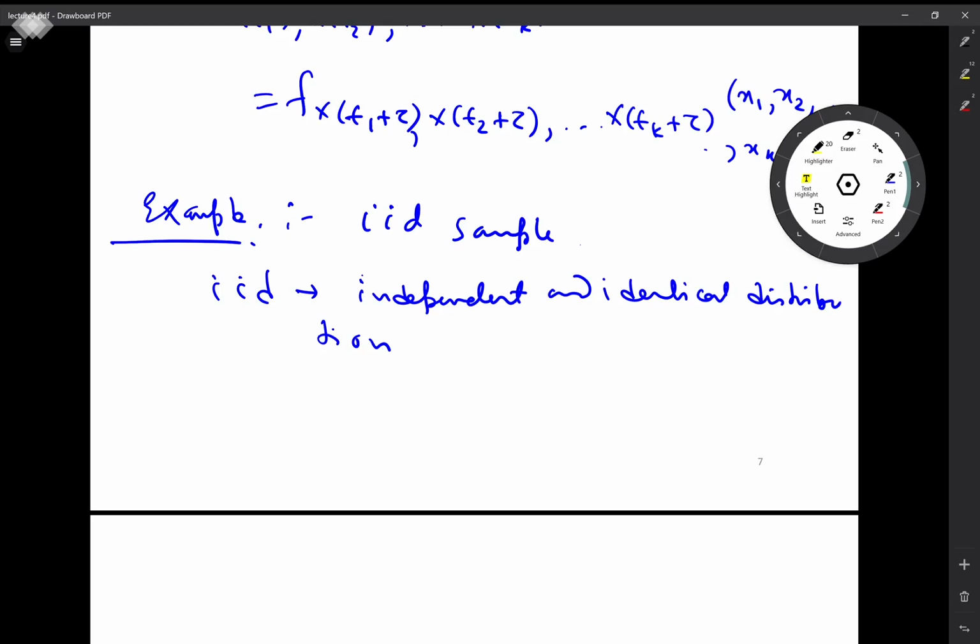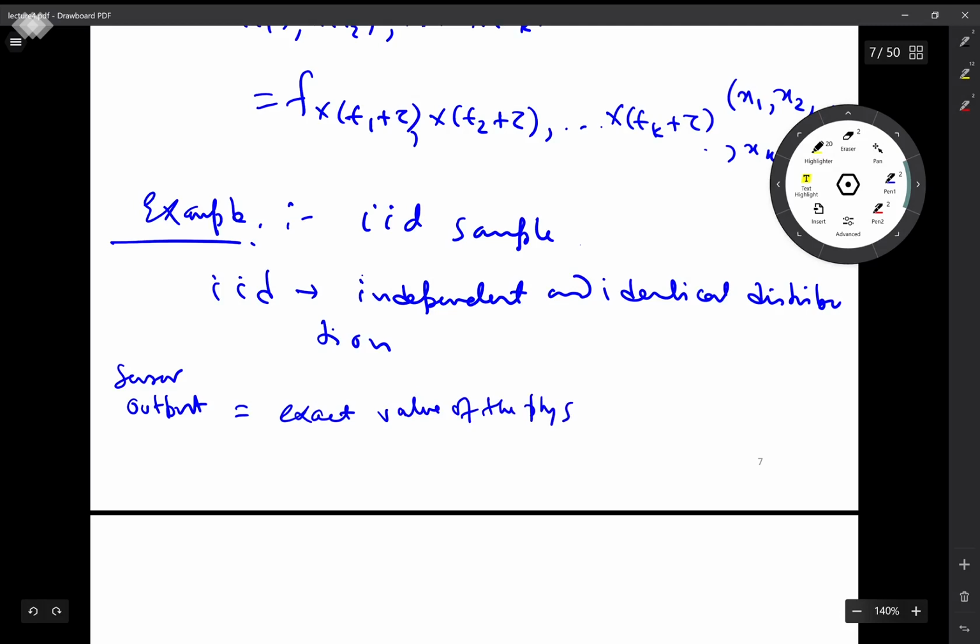So the sensor output will be the exact value of the physical parameter, say temperature, pressure, humidity, angle, range, distance, plus noise.